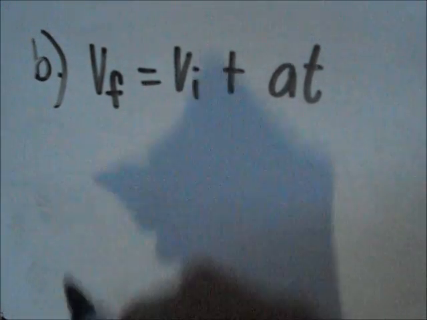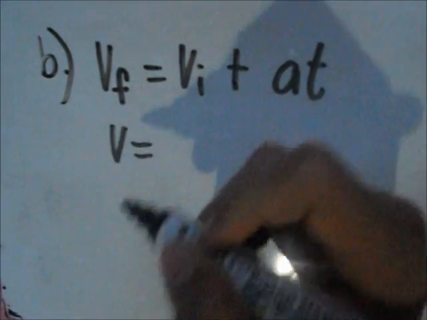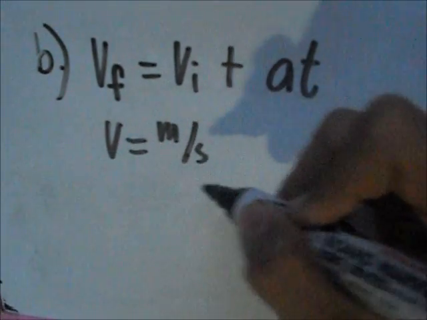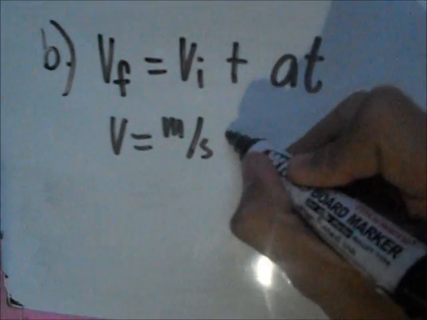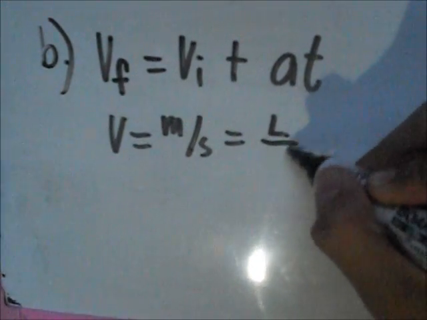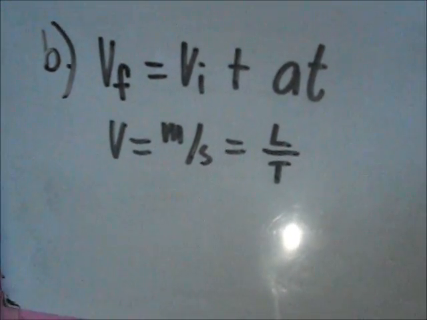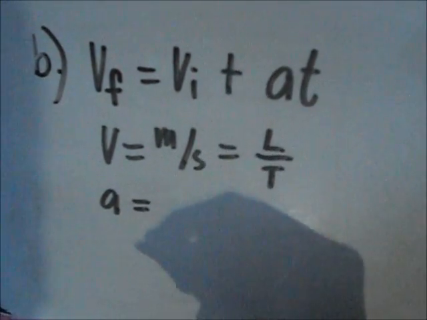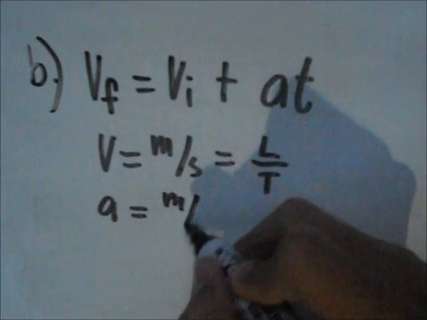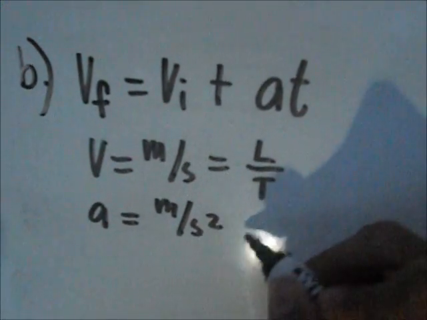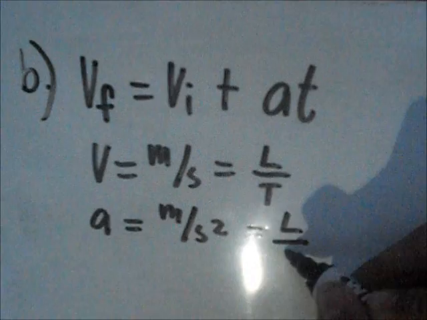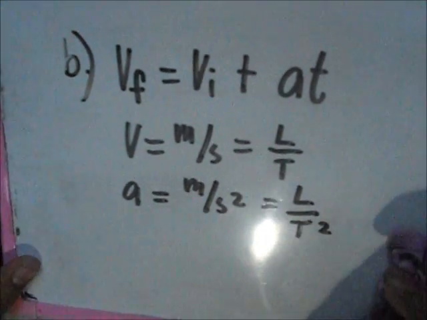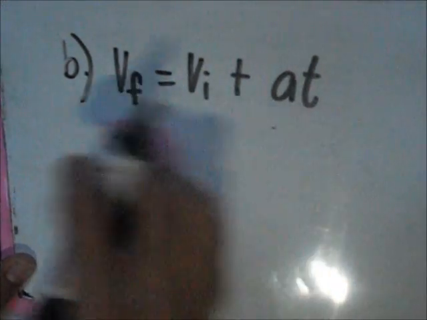We know that velocity is equal to meter per second, and it is equivalent to length over time in base unit. And acceleration is equal to meter per second squared, and it is equivalent to length over time squared.